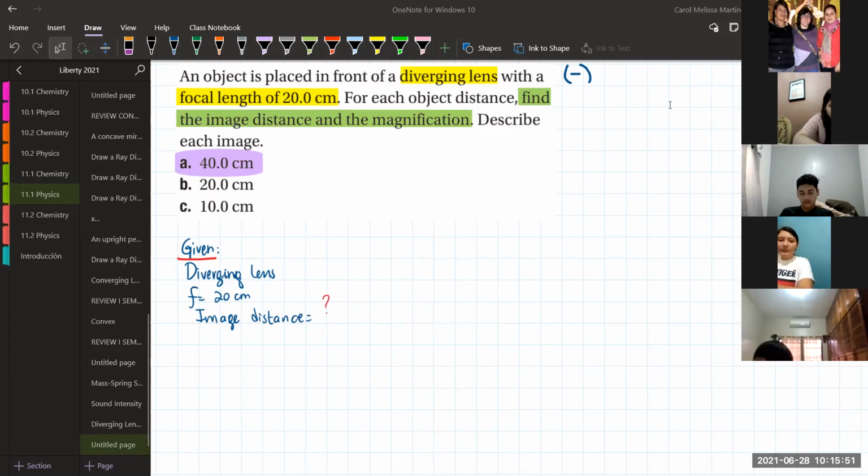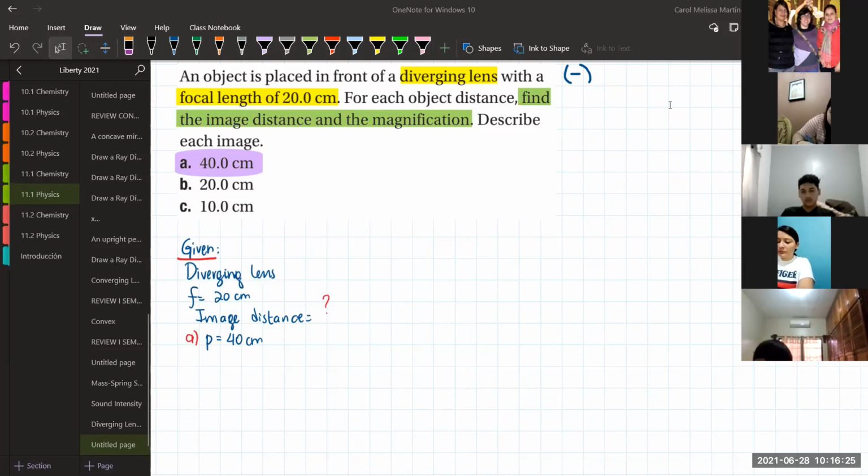And in part A, which is the only part that I'm going to be doing, because the rest you will do, they are giving you an object's position at 40 centimeters. So P is forty centimeters.